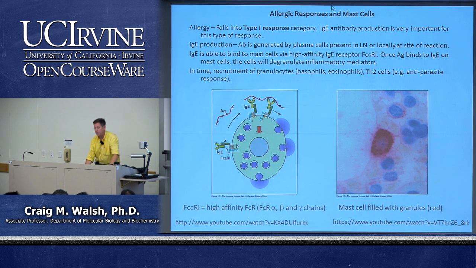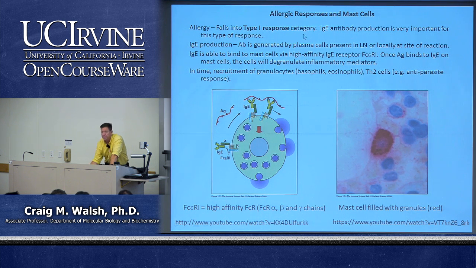Okay, so the first thing I want to talk about are mast cells and how they are involved in mediating some of these allergic responses. As I mentioned, these allergies are type 1 responses, and they depend on IgE.